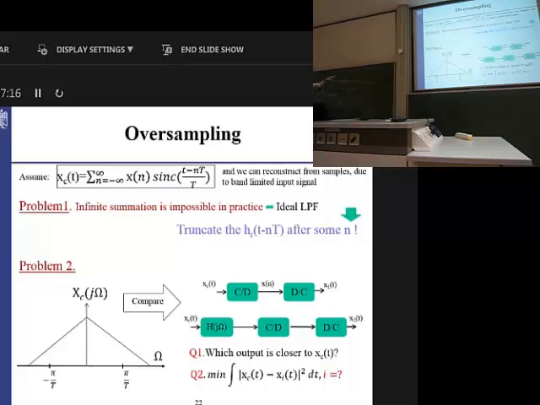But in the second structure, what we try to do is use a filter first. So we cut the information of the signal somewhere from here to here, and we have no information from this point forward. And if you make repetitions of this, there would be no overlapping here, if the sampling frequency is enough.